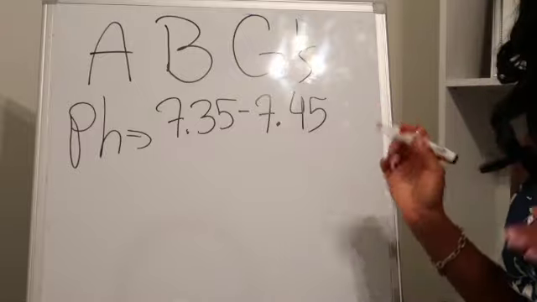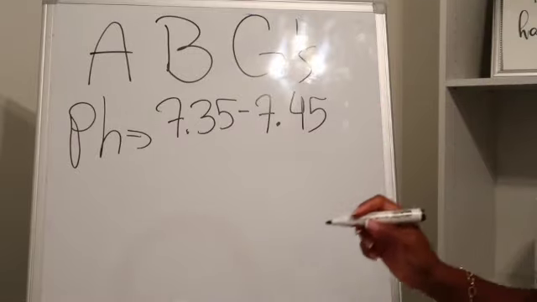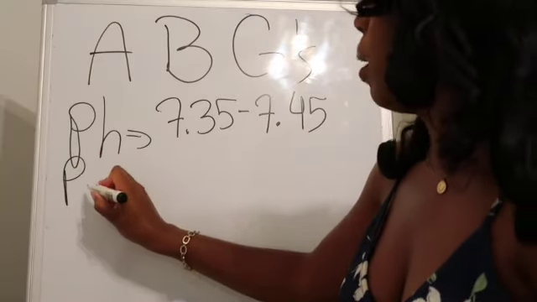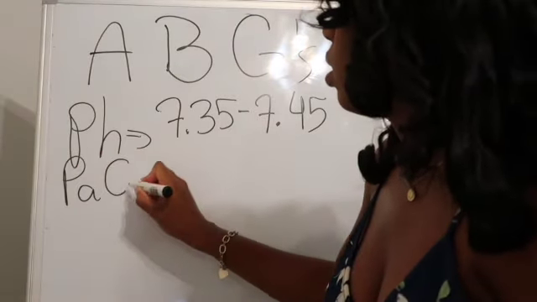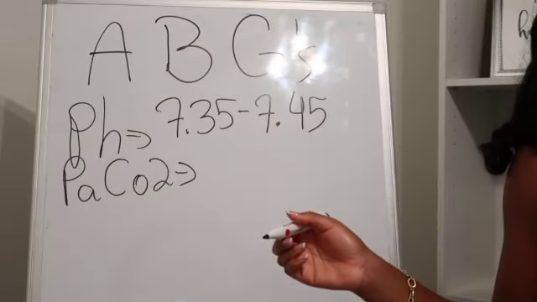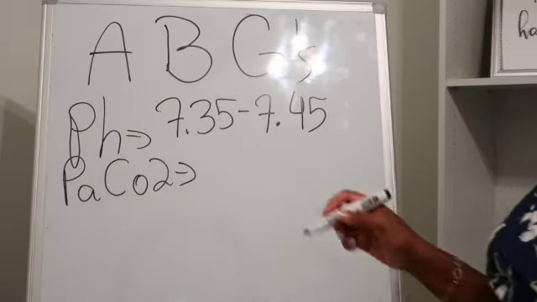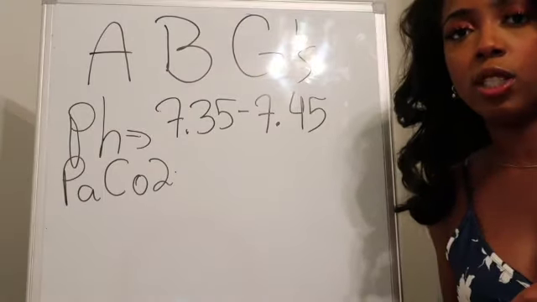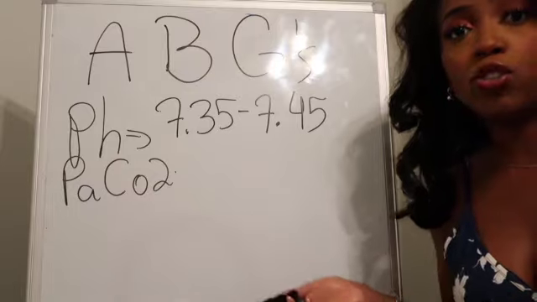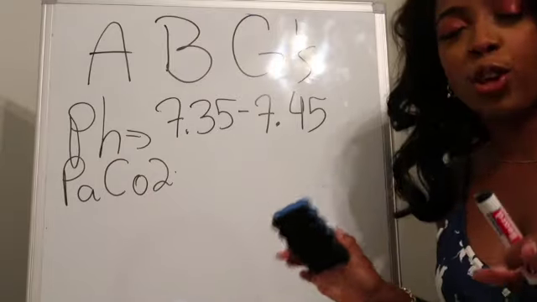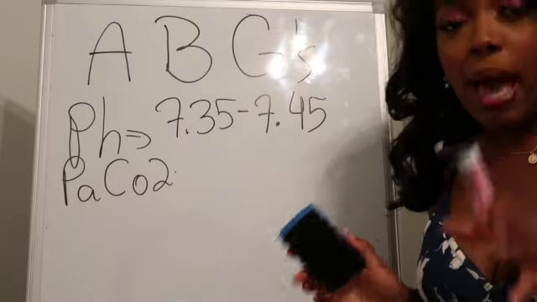The next component I want you to write down and memorize is PaCO2, the amount of carbon dioxide. Before I give you the normal values of PaCO2, I used to do these med-surg review live videos, and I brought up a term that I like to call matching.